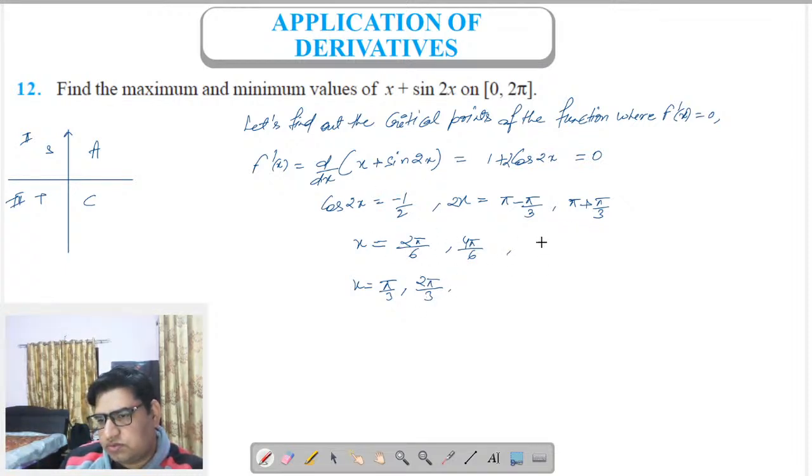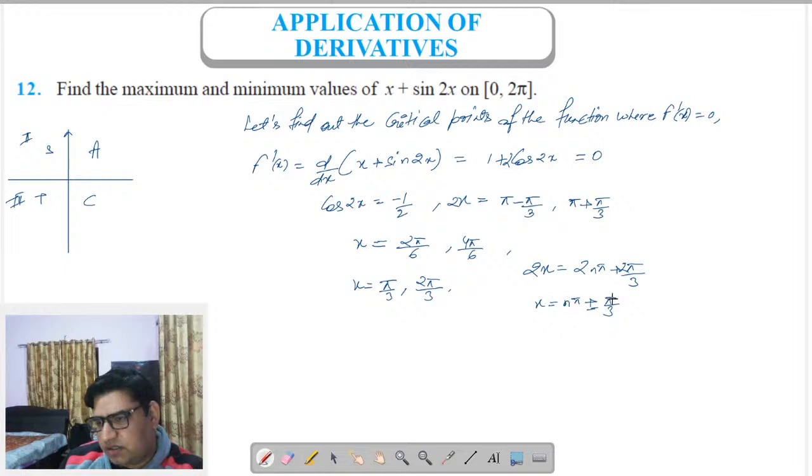So 2x is equal to 2n pi plus pi by 3, 2 pi by 3. So here x is equal to n pi plus pi by 3. And this plus and minus in both cases as well.